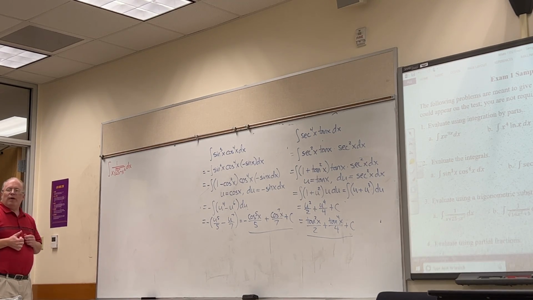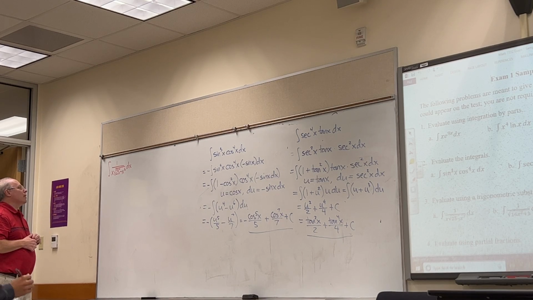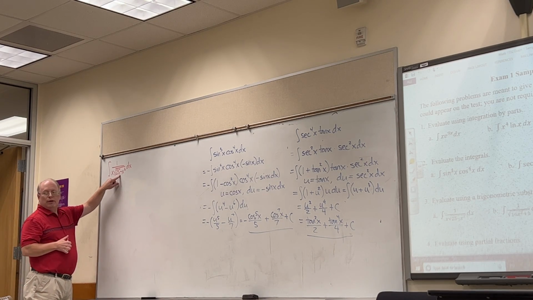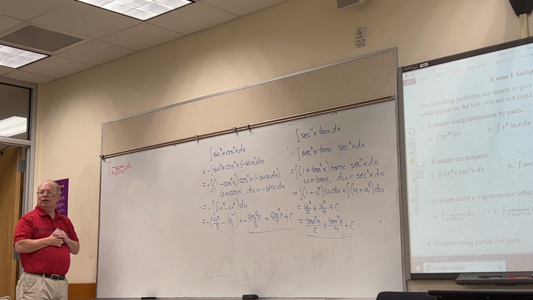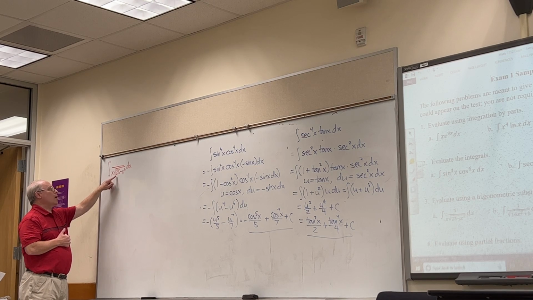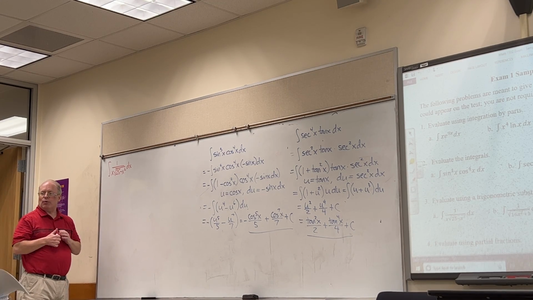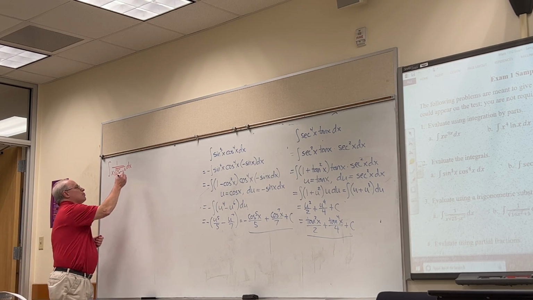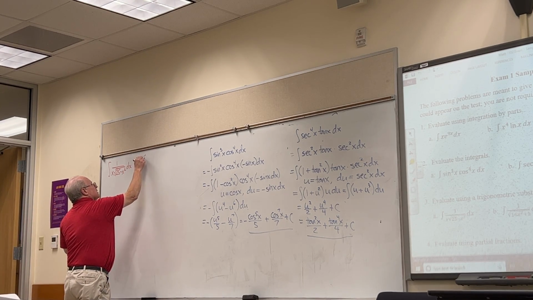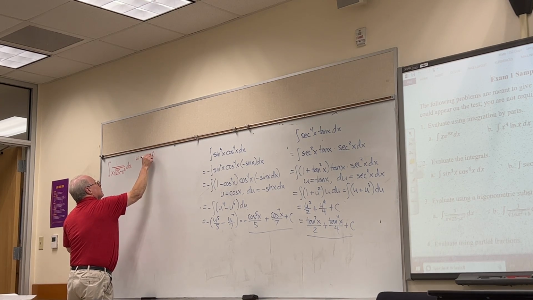Well, which trigonometric substitution are we going to use for this integral? Where we have square root of a constant minus x squared. Yeah, that's where we use u equals a times sine of theta.